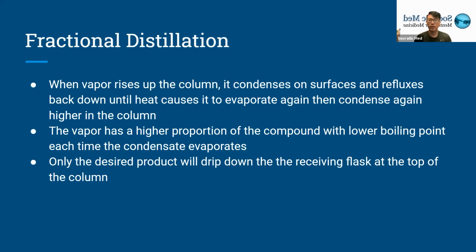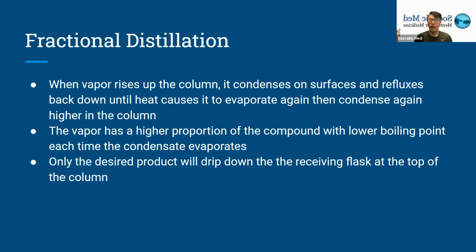So this repeated evaporation and condensation is in order to separate the two liquids that have similar boiling points. So the vapor has a higher proportion of the compound with a lower boiling point each time the condensate evaporates and then condenses again.